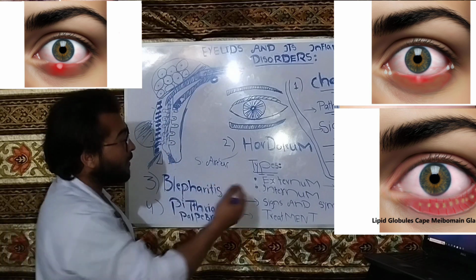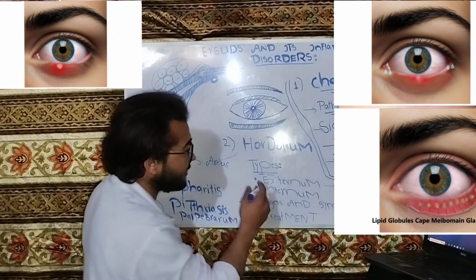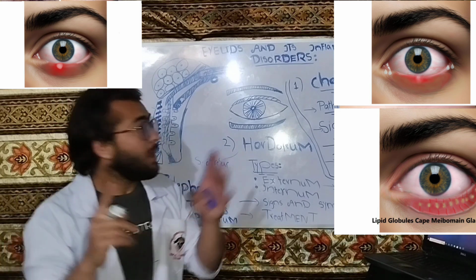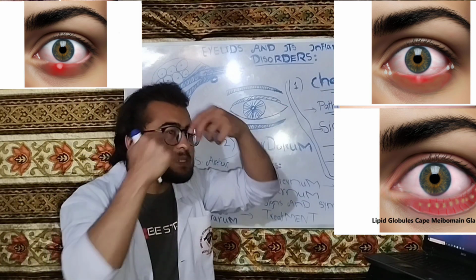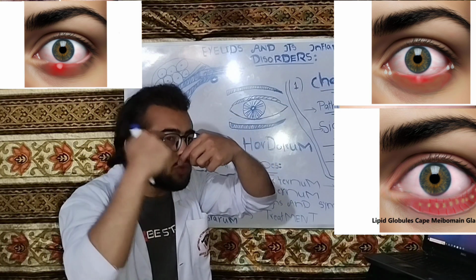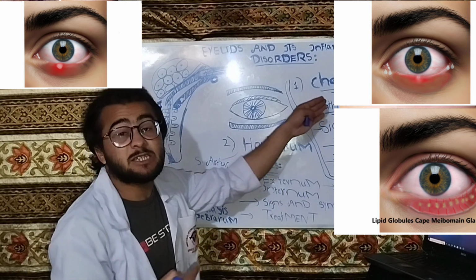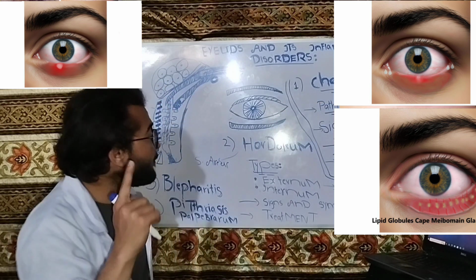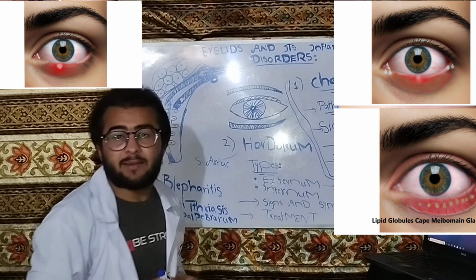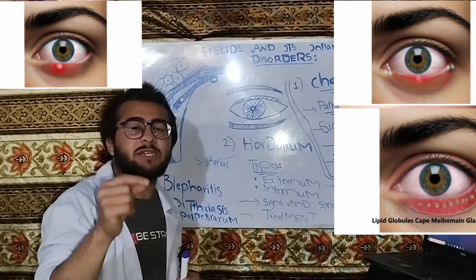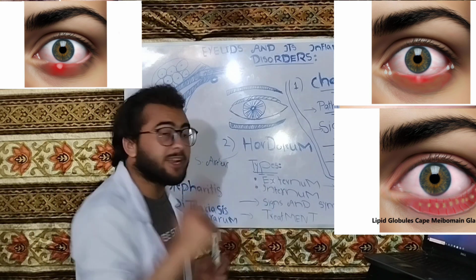So the clinical features of Hordeolum externum: as we discussed with the chalazion, that is a painless lump or nodule on the lid margin. But in Hordeolum externum or Stye, the patient will present with pain. There will be tenderness.